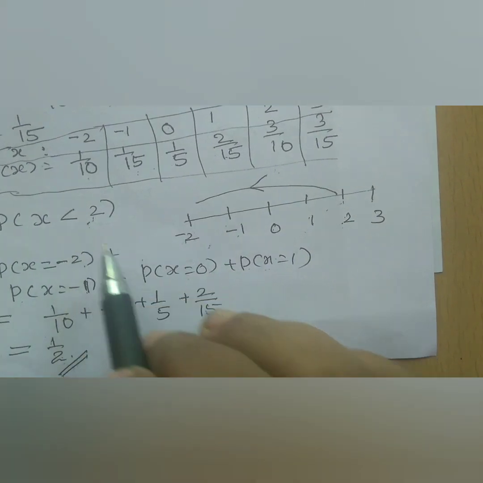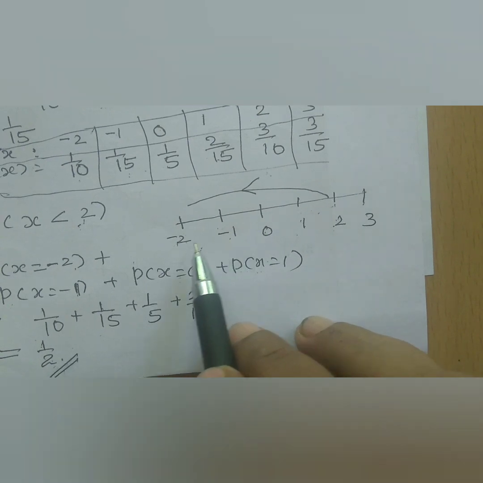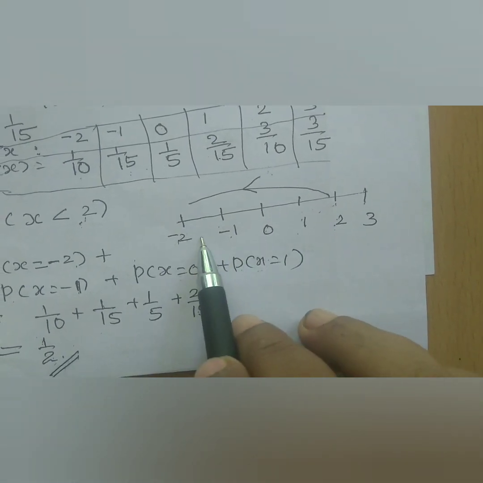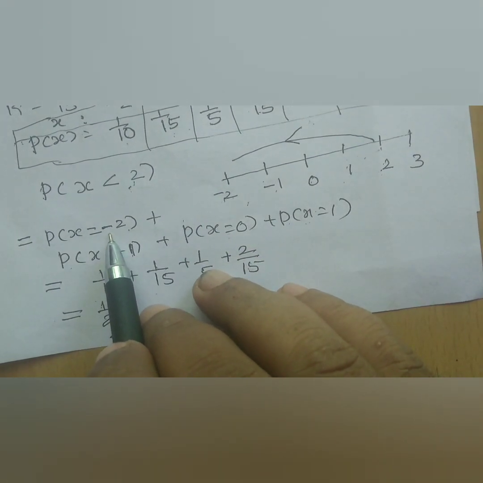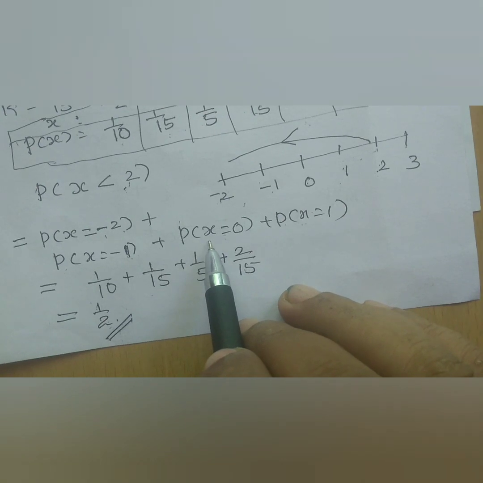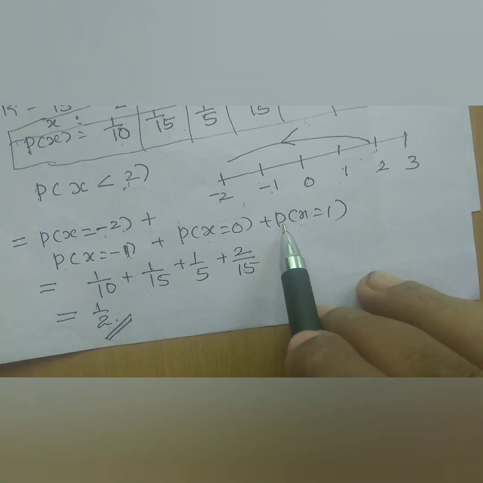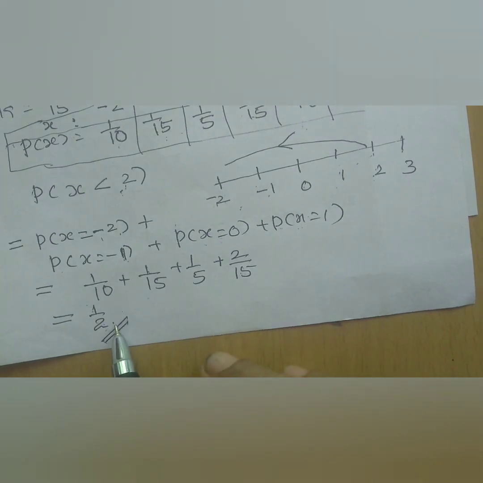So less than 2 means 1, 0, minus 1, minus 2. That is total 4 values. So that is probability of x is equal to minus 2 plus probability of x is equal to minus 1 plus probability of x is equal to 0 and probability of x is equal to 1. Add all these 4 terms, we can get 1 by 2.